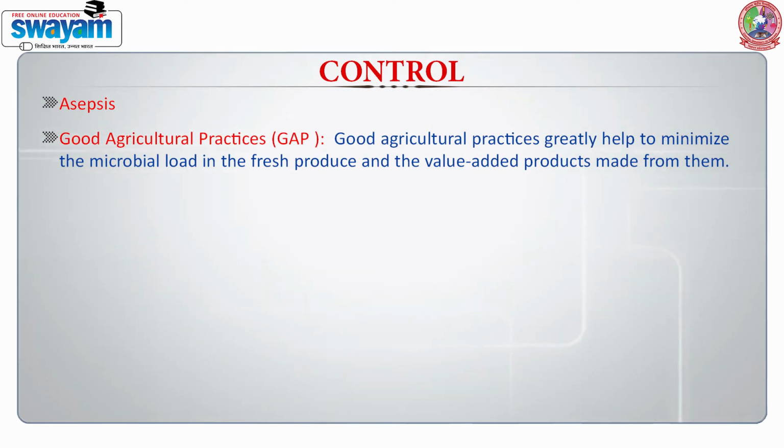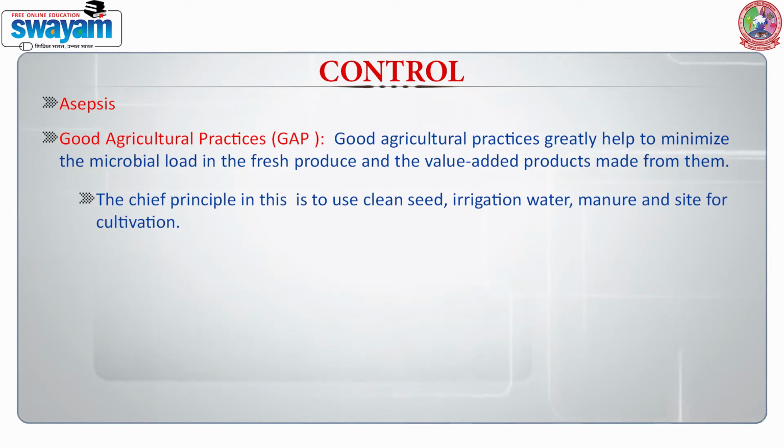Good agricultural practices greatly help to minimize the microbial load in the fresh produce and the value added products made from them. The chief principle in this is to use clean seed, irrigation water and manure, and the site of cultivation should also be free of the spoilage microorganisms.